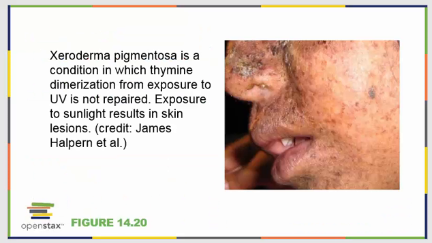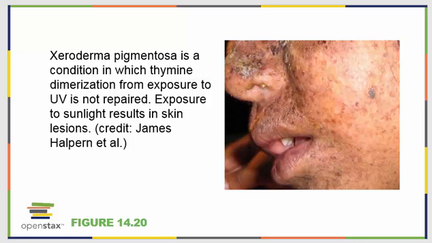A well-studied example of mistakes not being corrected is seen in people suffering from xeroderma pigmentosum. Affected individuals have skin that's highly sensitive to UV rays from the sun. When individuals are exposed to UV, pyrimidine dimers, especially those of thymine, are formed. People with xeroderma pigmentosum are then unable to repair this damage.